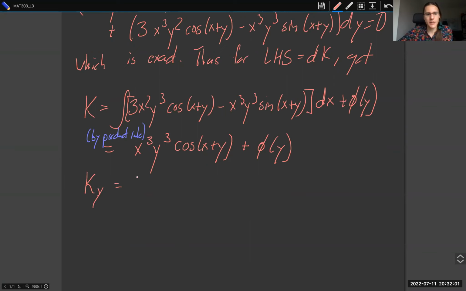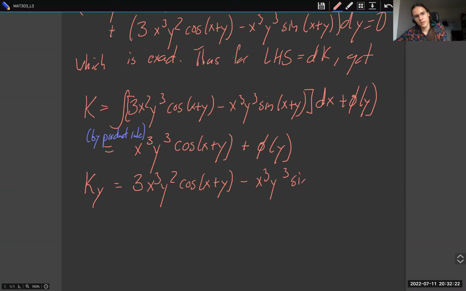That's going to be 3x cubed y squared cos(x plus y), and then we do product rule, x cubed. Oh, but we're differentiating cosine, so we get a minus sine. Plus phi prime of y.